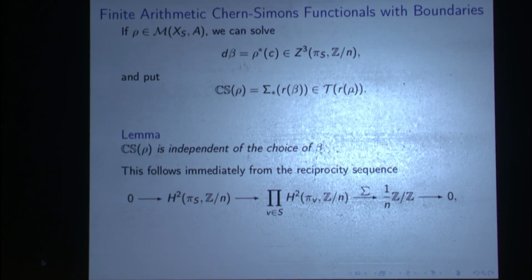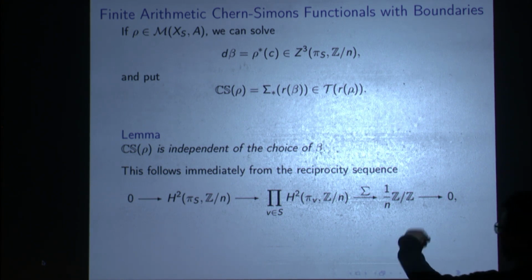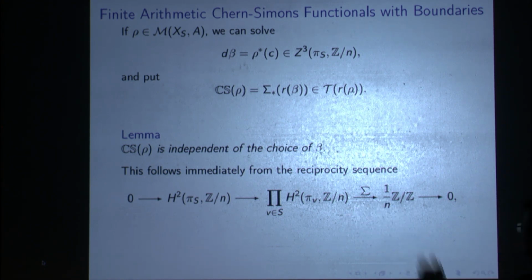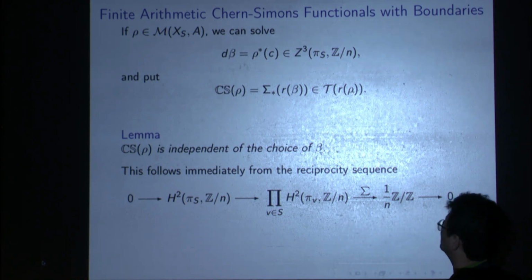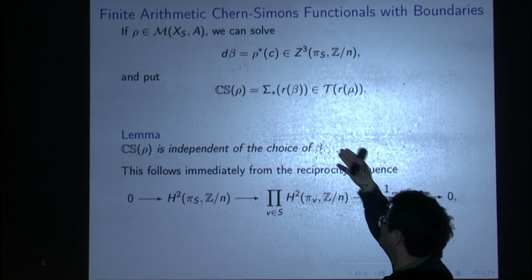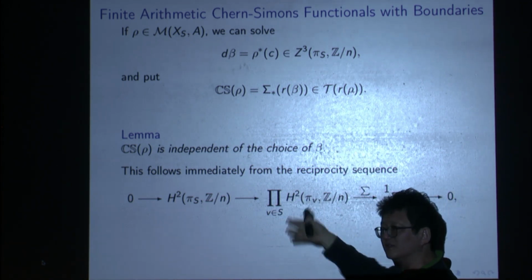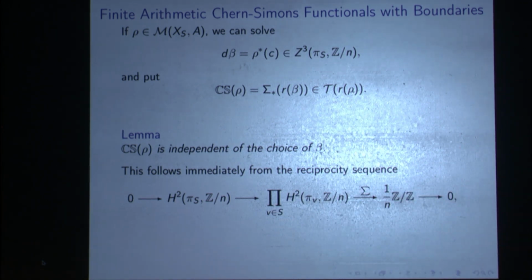It's a consequence of this reciprocity sequence that I mentioned earlier, which, as I said, encapsulates global class field theory. That implies that this Chern-Simons element is independent of your choice of solution. It only depends on the representation. Even though it's simple, the way I stated it here, I think it's quite interesting that the independence of this Chern-Simons class really uses the full strength of global class field theory.